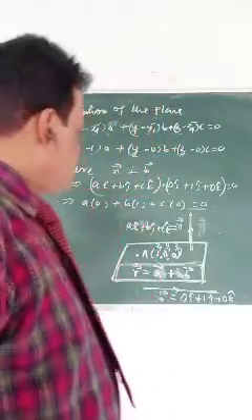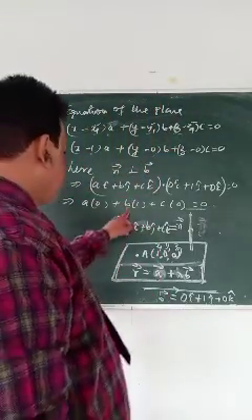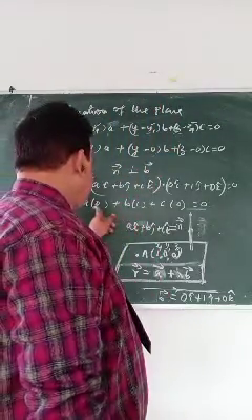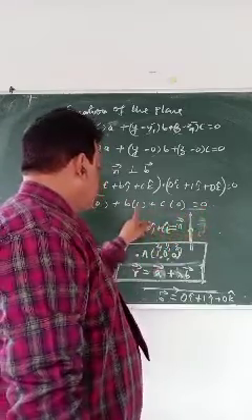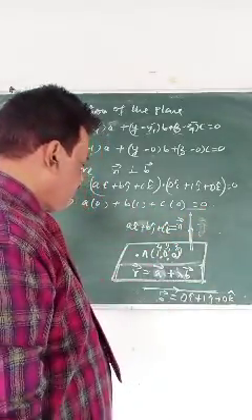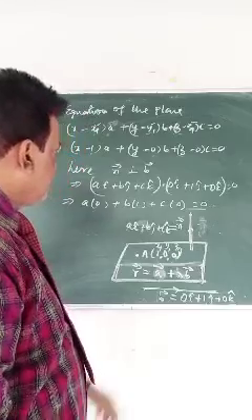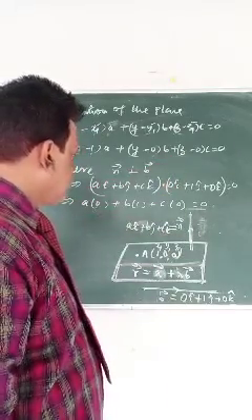Okay, then what you will get? This is 0, this is 0, so b is also 0.